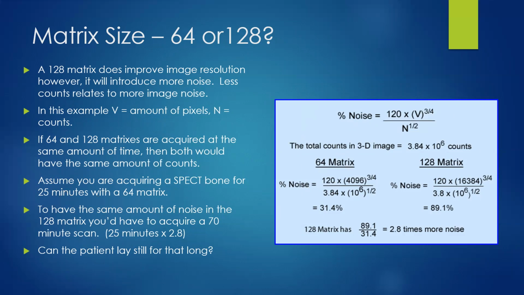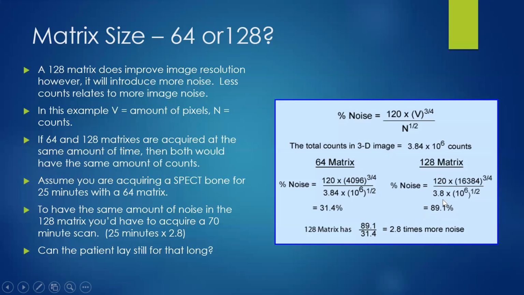If I move it to a 128 matrix, and I'm still going to go 25 minutes, I am now increasing the number of pixels by a factor of 4. What effect does that have on my image noise? Well, if I only go 25 minutes, my image noise jumps up to 89.1%.